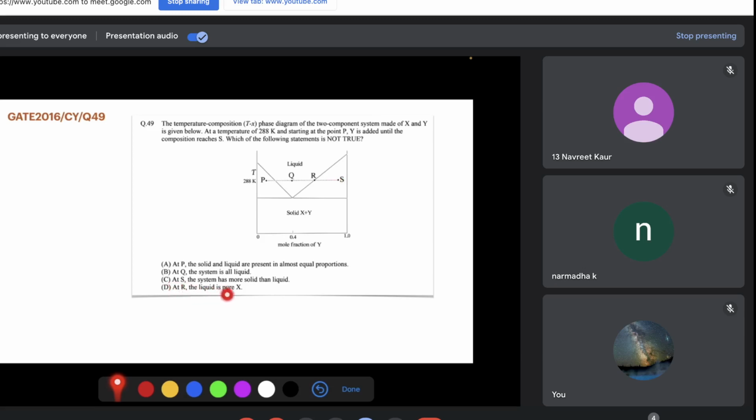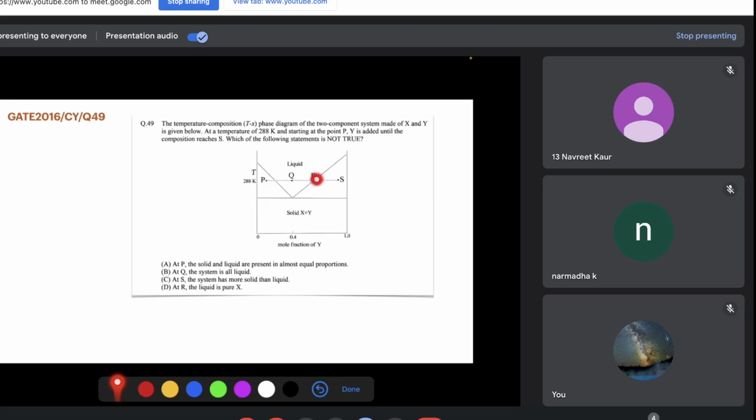At R, the liquid is pure X. Now, it is talking about R. At R, there should be one equilibrium established between the liquid phase and the liquid plus solid phase. So it is saying that it is liquid in pure X. First of all, it is not even pure X here, because if we go through the composition axis, it will be a mixture of X and Y, which is more of Y here.